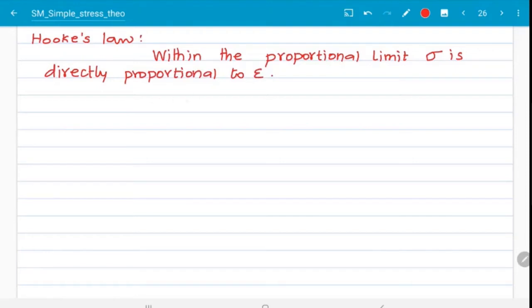So sigma is directly proportional to strain. Sigma is equal to Young's modulus into strain.